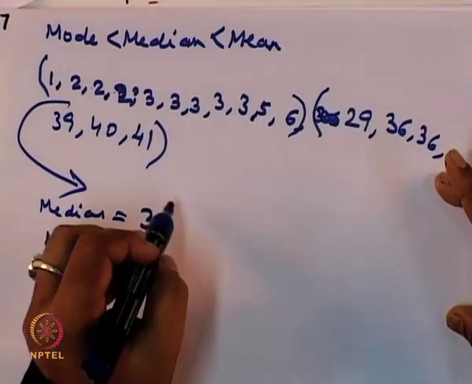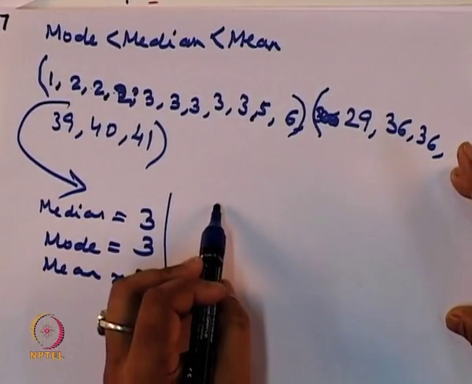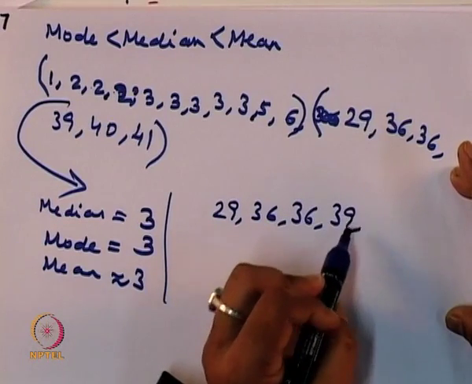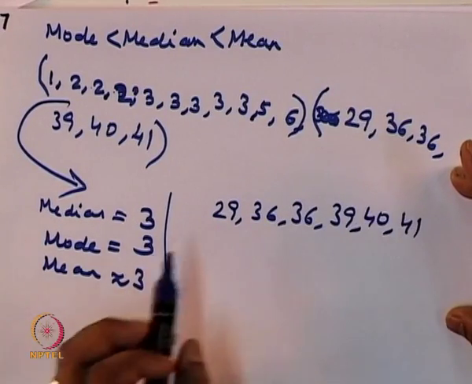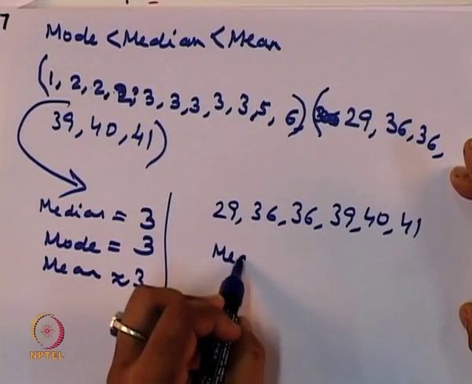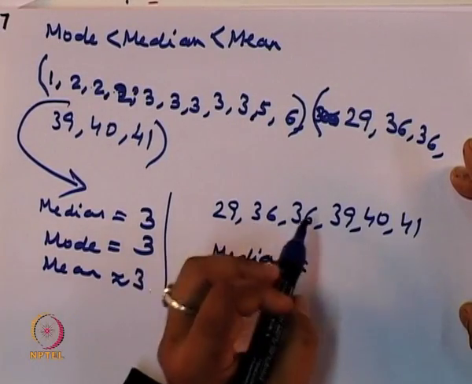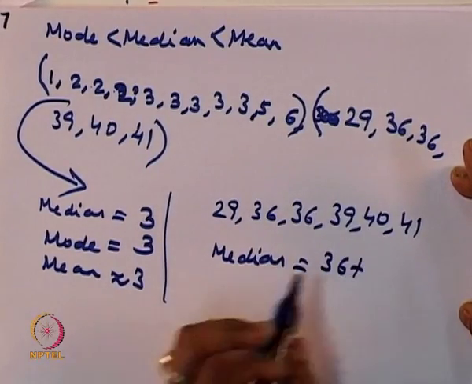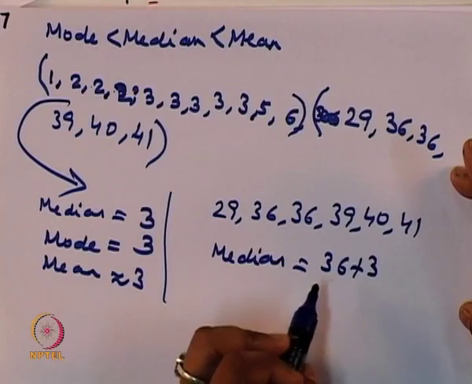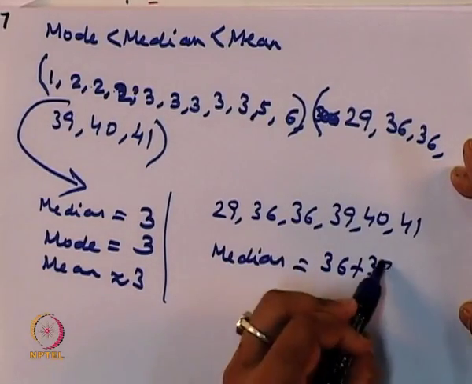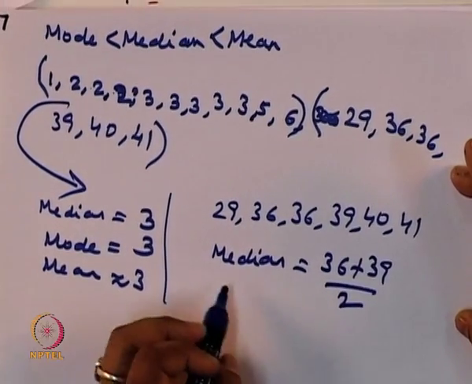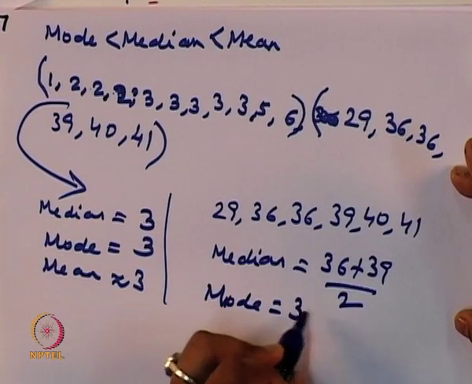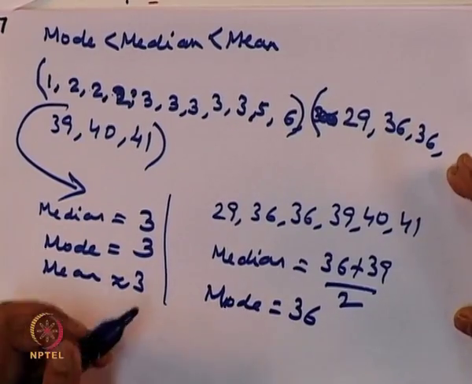And for this set you have numbers 29, 36, 36, 39, 40, 41. My median is going to be 36 plus 39 by 2. Mode is equal to 36, and the mean will also be somewhere in between.